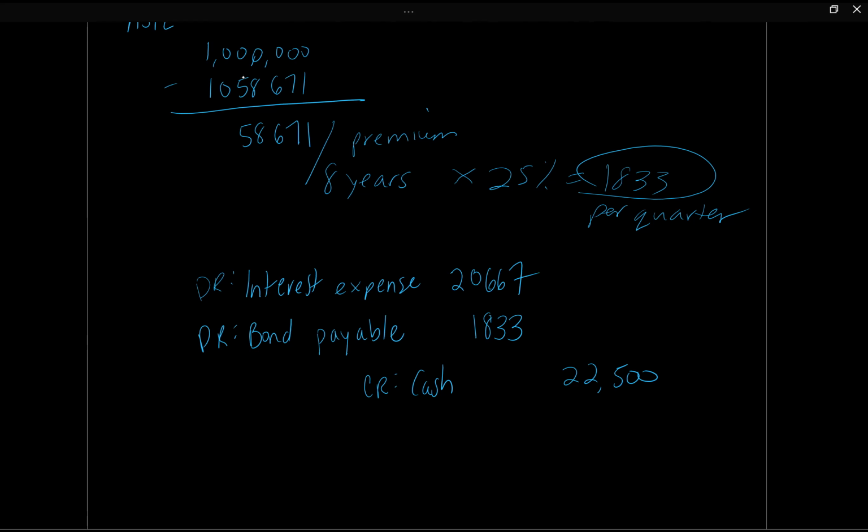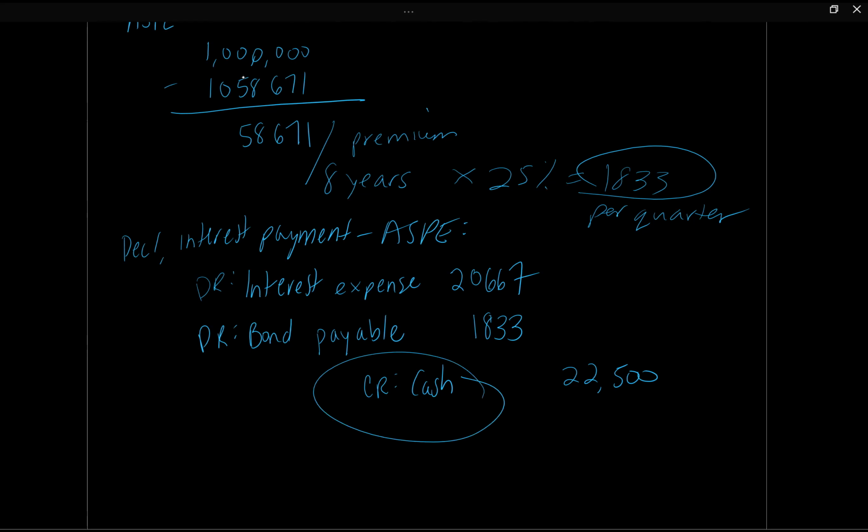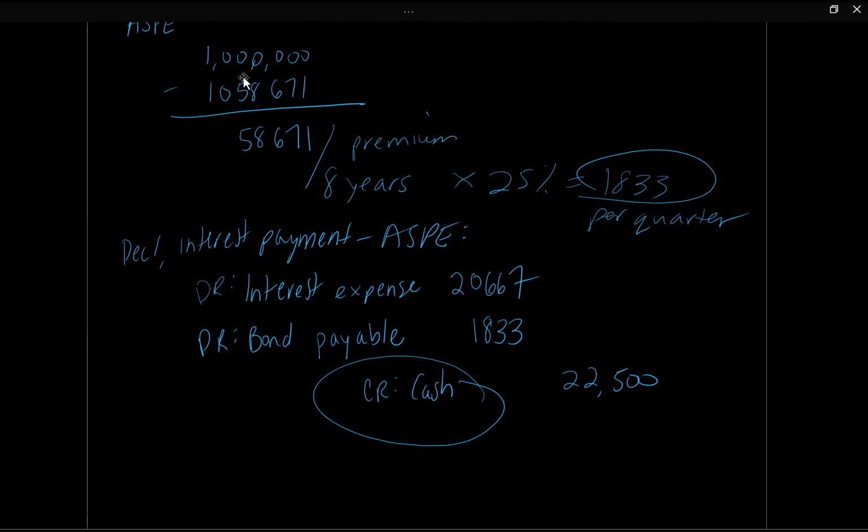And this is our December 1st interest payment. ASPE, or the straight line method. This entry would be the same every single quarter. If it was an adjusting entry where the payment wasn't actually going to be made, then we would have an interest payable line here instead of cash. That concludes part 2 of this question.